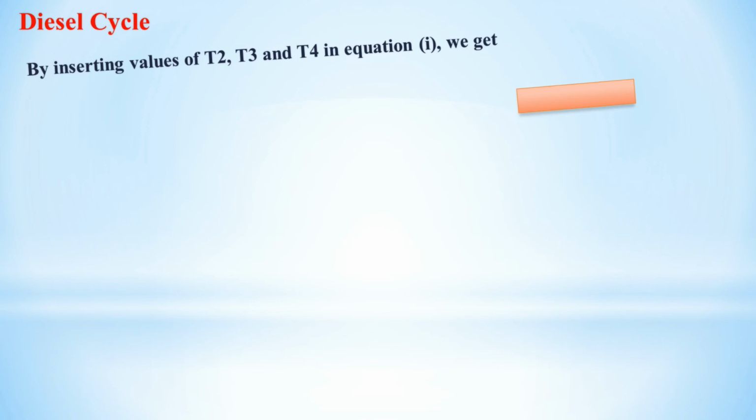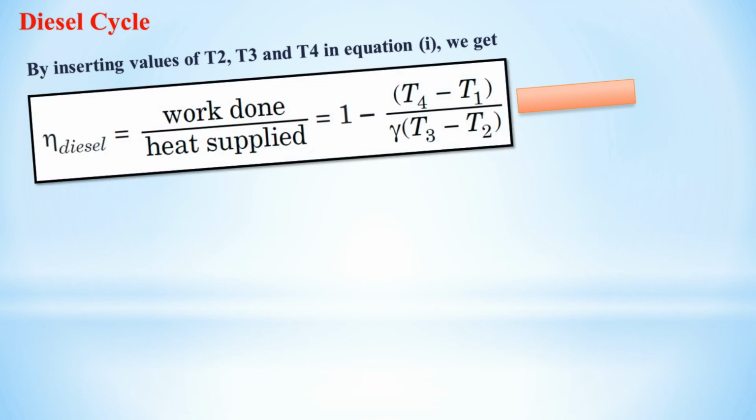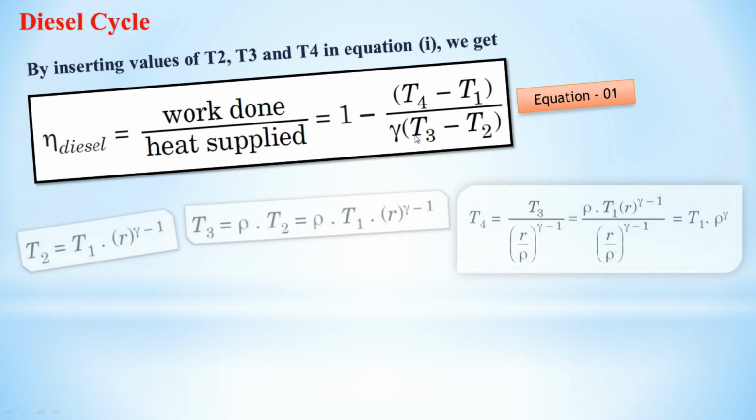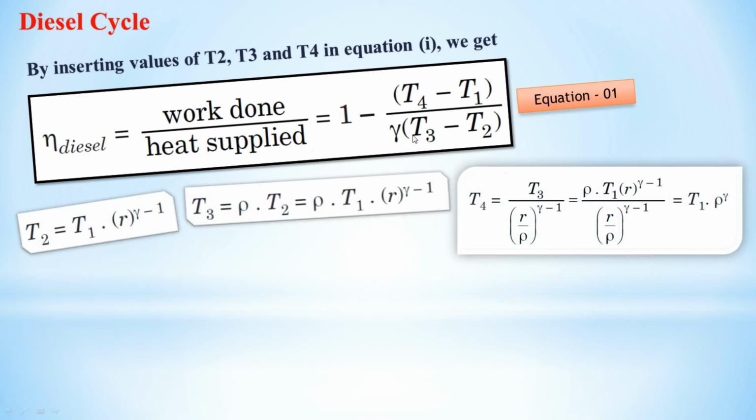Now we insert the values of T2, T3 and T4 in equation 1, which is already derived in the previous slide. Efficiency of diesel cycle equal to output upon input. Output means work done, heat supply minus heat rejection, divided by heat supply. We have already derived this equation in the previous slide. Now we will put the values of T2, T3 and T4 in this equation 1.